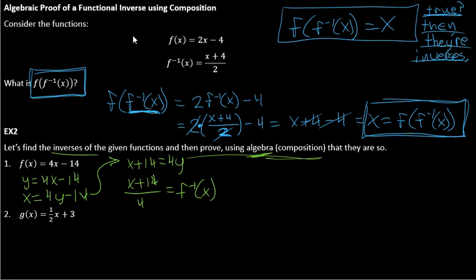Now, how am I going to prove that they're inverses? Again, that goes back to this here. I'm going to use composition of functions. So f of f inverse: I'm going to plug in f inverse for x into f. So instead of 4x minus 14, it becomes 4 times f inverse, minus 14.